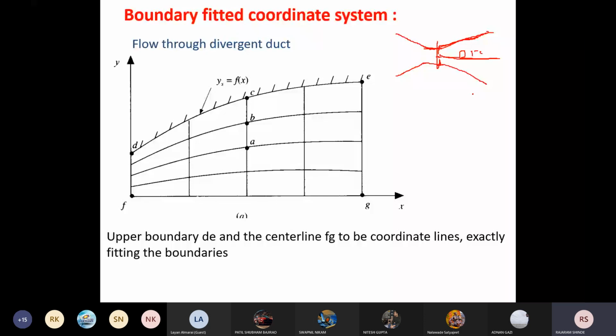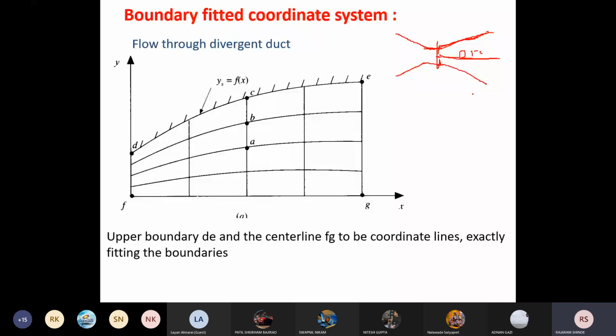Now, this curvilinear grid allows the upper boundary DE and the center line FG to be coordinate lines. You can use DE as a coordinate line and FG also as a coordinate line, and that fits exactly with the boundaries.